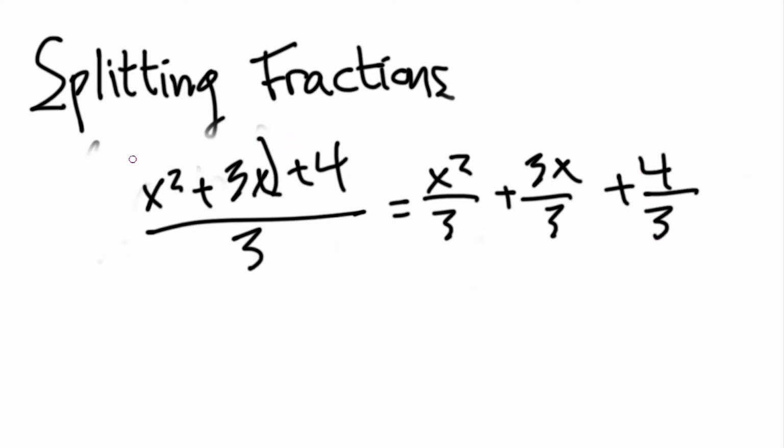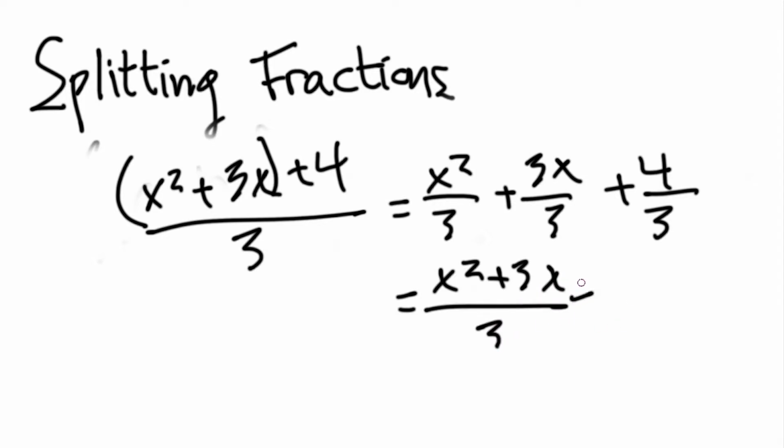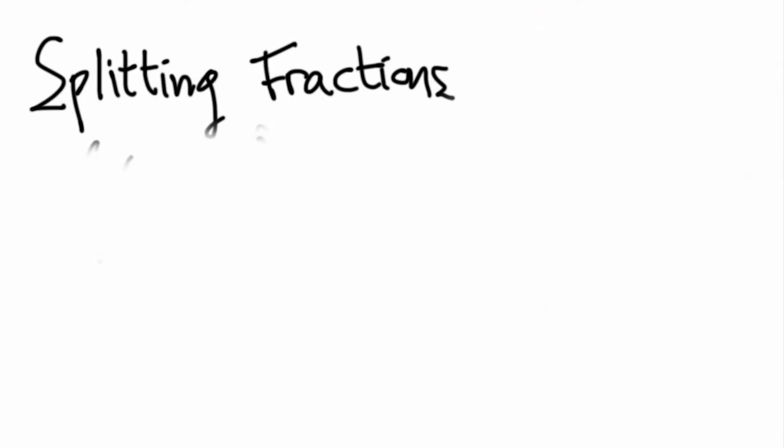Or, we can kind of segregate that one part, and we can rewrite this as who knows, x squared plus 3x over 3 plus 4 over 3. It all comes down to our preference, whatever we think is the most convenient, however works to our advantage for solving a problem. Splitting fractions is not just limited to basic algebraic or numeric functions.